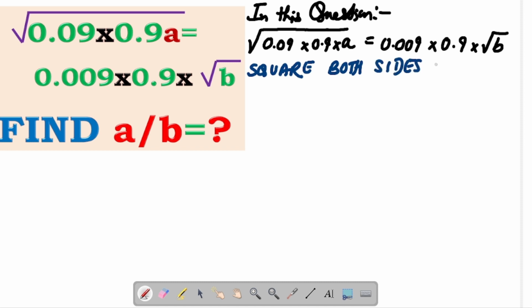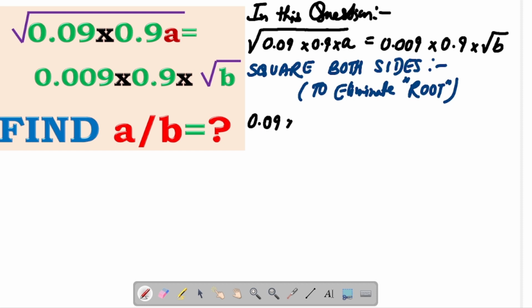When we square it, you can see the square root will be removed from root a in the LHS and other numbers, and similarly the root of b will also be removed from the RHS. So how these roots will be eliminated, let us see in the steps.